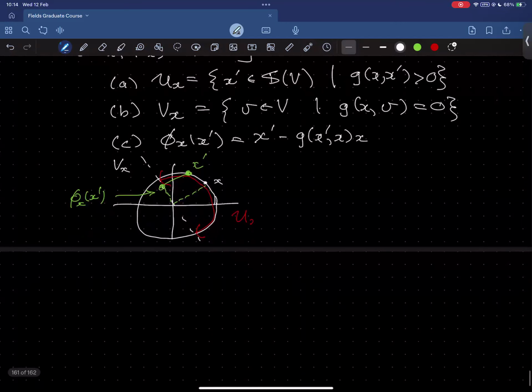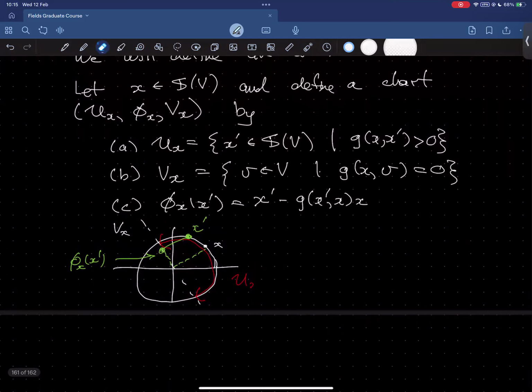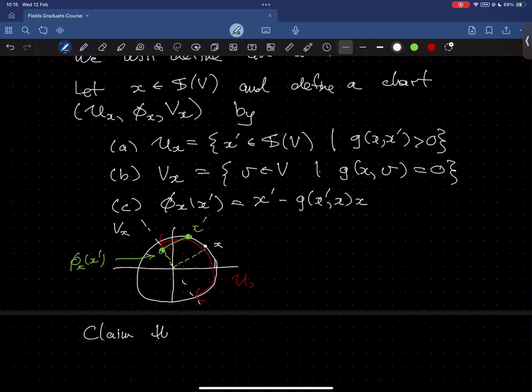All right, so that gives me, for every X, a chart. So we should verify that's a chart. So we claim that UX, VX is a chart.